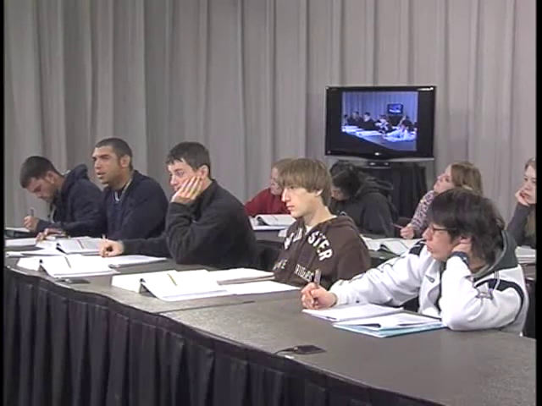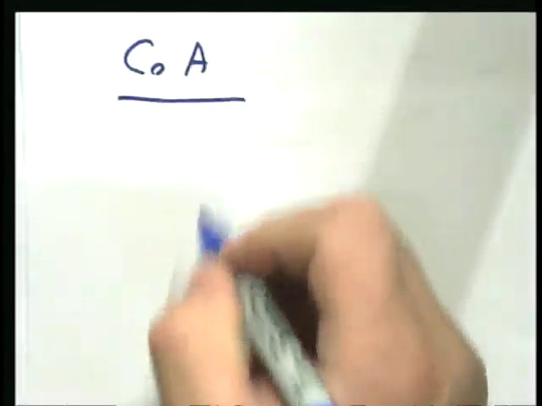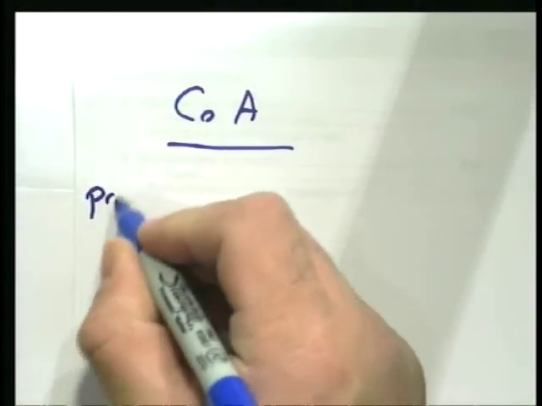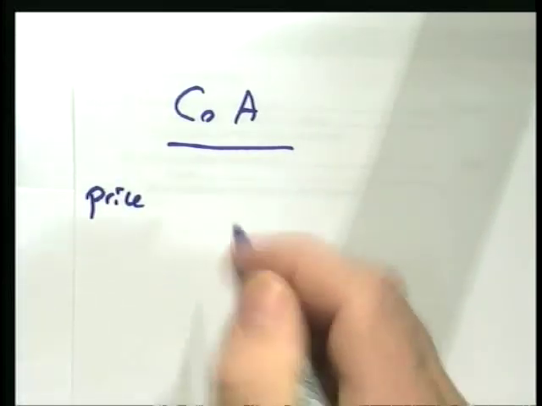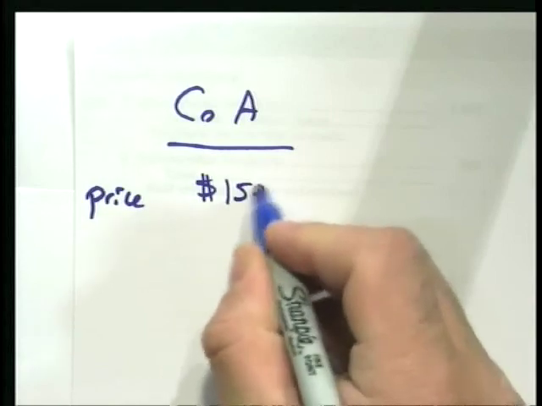Let me give you an example. Let's say that I'm a piano retailer, okay? Now, I have been buying my pianos from Company A, and for Company A, the price of this specific type of piano is $1,500.